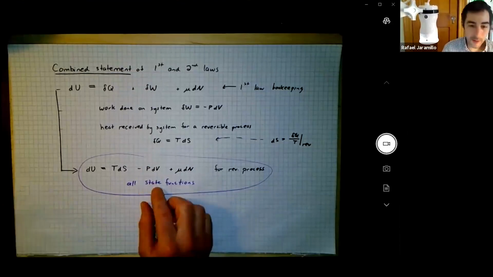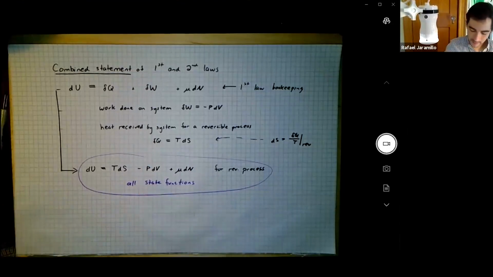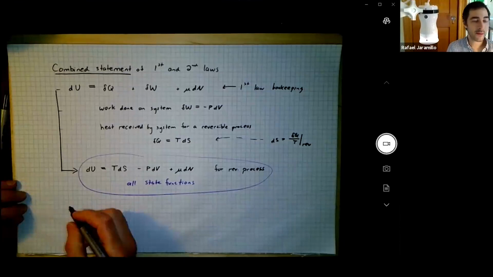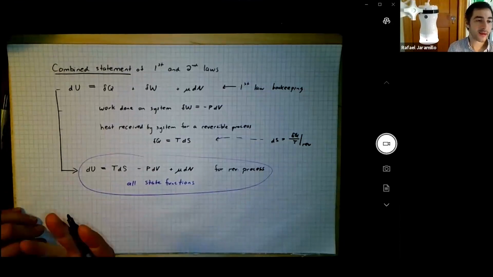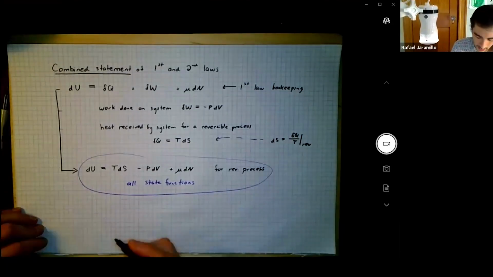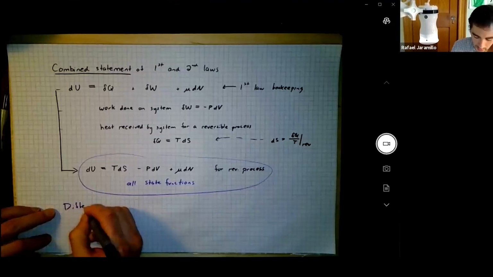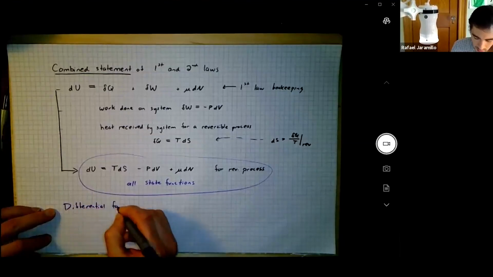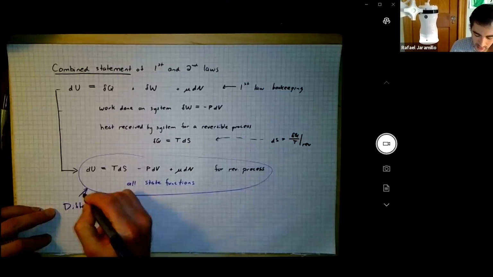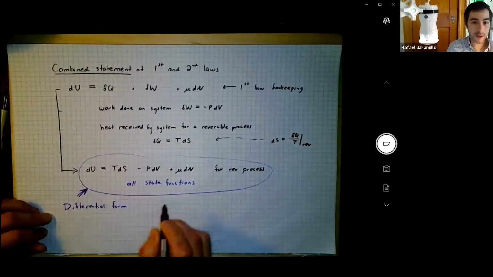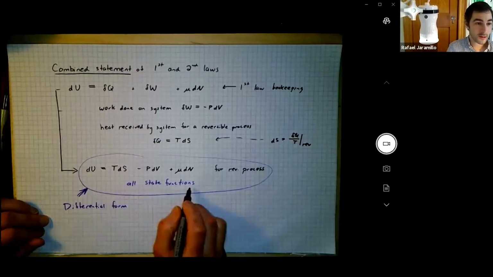One thing I want to point out before we move on, and I have to slip this in around the margins because this is not a calculus class. Calculus is a prereq. But I want to remind you that this is a differential form. And we use a lot of differential forms in this class.